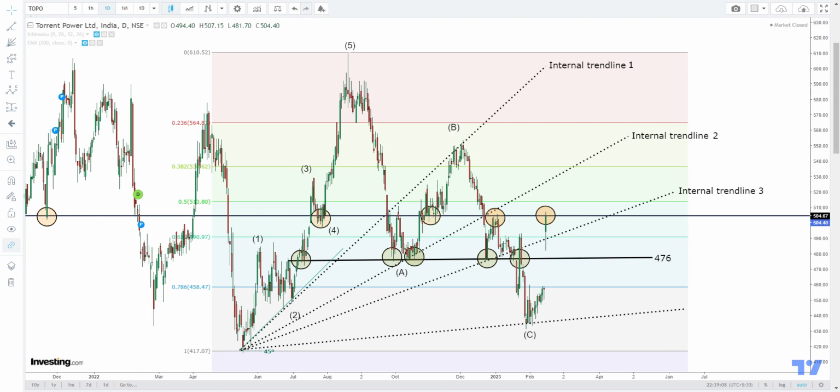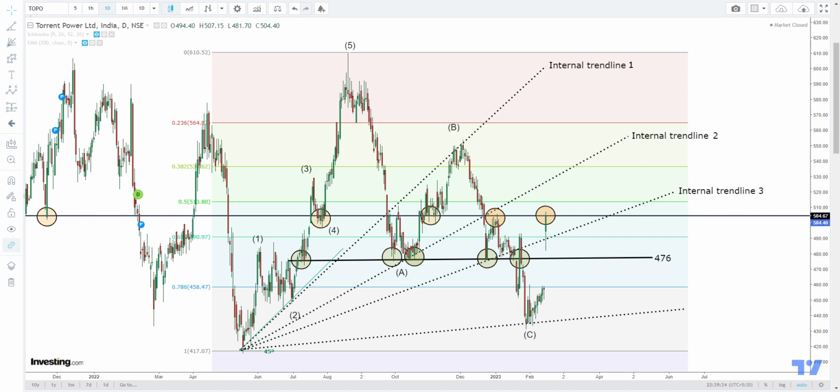So this is the area, and the significance, the attraction and the rejection of this particular band is highlighted in ellipses and circles. As you can see, a number of times it came into this particular band, consolidated, and a large move came. So either there was a rejection or there was a pullback from the same area.